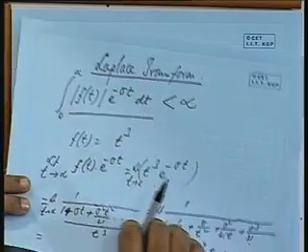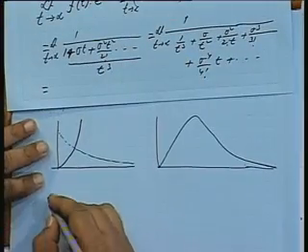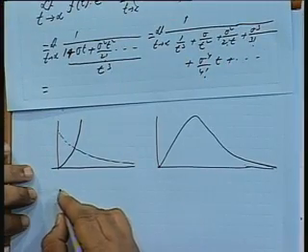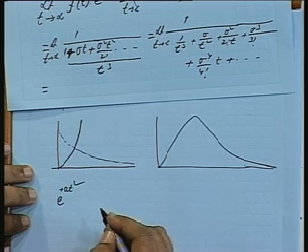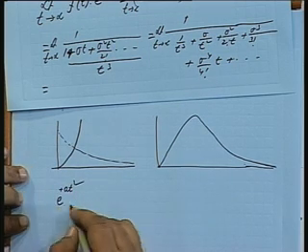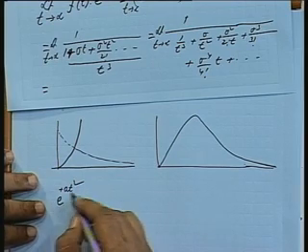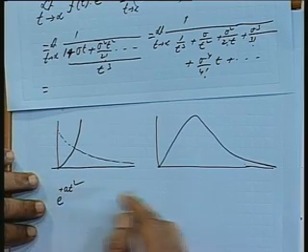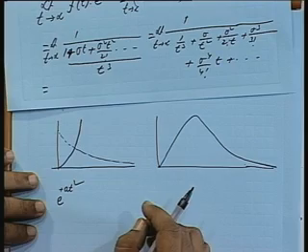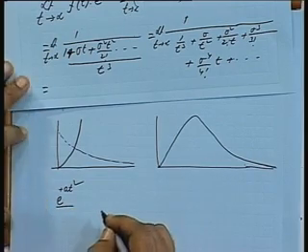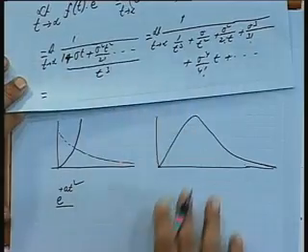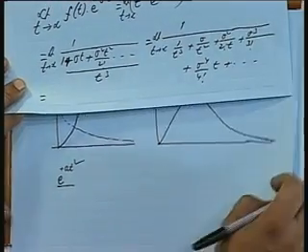So, it is transformable. For functions of this kind, e to the power minus or plus a t squared, if f(t) is of this kind, then by taking the limits you will find this will not tend to a finite value. So, this is not transformable, but any other functions like t to the power n, or functions of this kind, will be transformable.